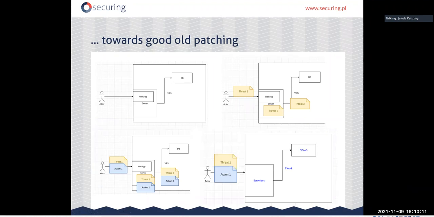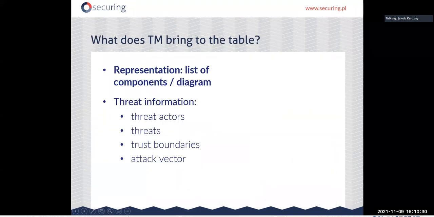The question is, do we need something else? For example, if we redesign the system and we don't use a web application and a server, but rather use some serverless components and a database in the cloud as a service, maybe we just won't have those threats in our system, right? So more or less, this is the question.